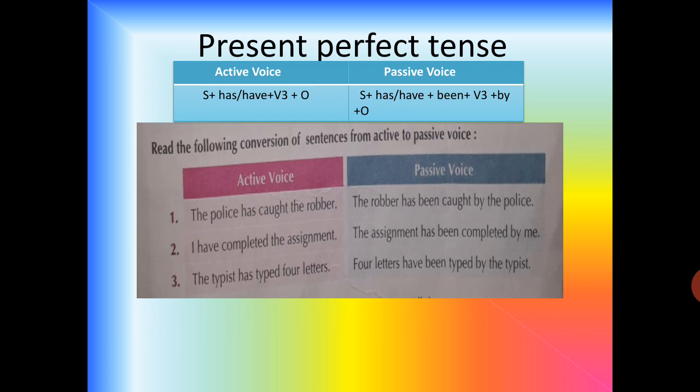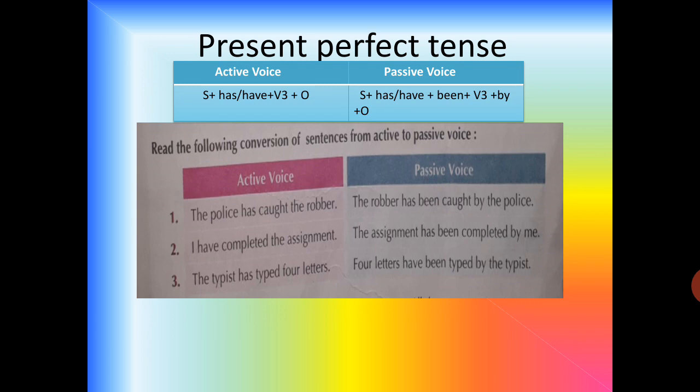Yes, instead of has, have to rahega hai because it's present perfect. But what you have to keep in mind, after has, have, you have to add a word been. Earlier in continuous tense it was being, now it is B-E-E-N, been. Okay, and then the same structure, third form of the verb, then by and then object. Hope it is clear. One important thing, same again, subject and object are interchanged.